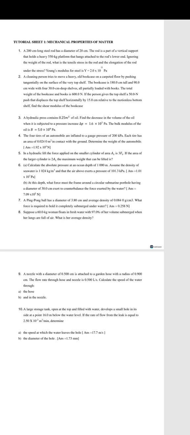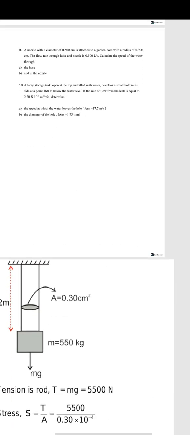Now, shear modulus is simply elasticity in shape, and shear modulus is given as shear stress over shear strain. And we know that stress is always given as force over area. We also know that the strain is given as change in the shape over the initial. Alright, so let's see how we're going to handle this question.